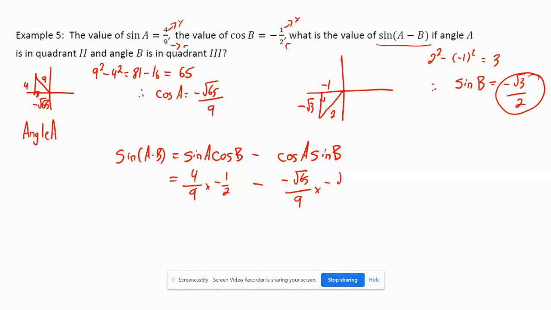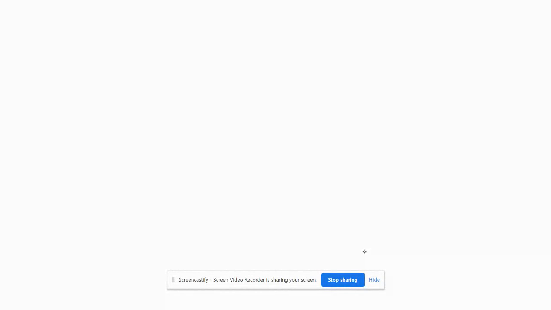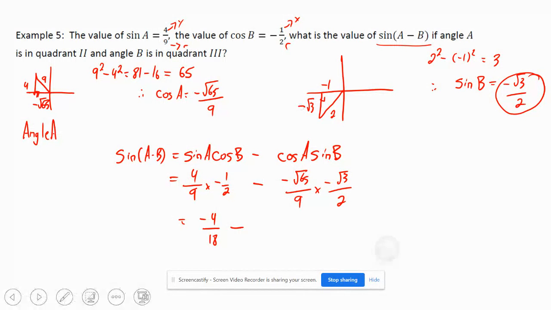Times negative root 3 over 2 is negative 4 over 18. Negative times negative is positive, but we still have this minus over here: 65 times 3 is root 195 over 18.